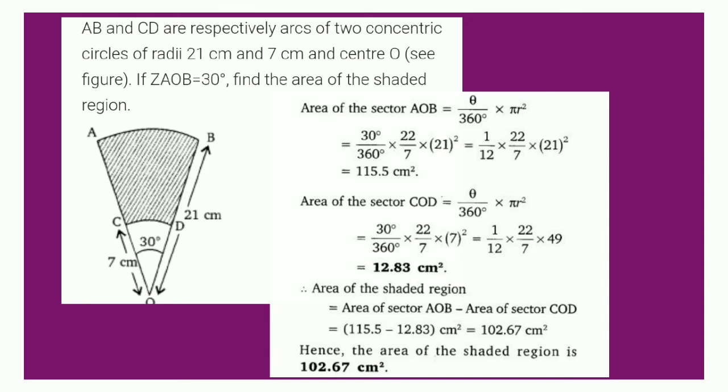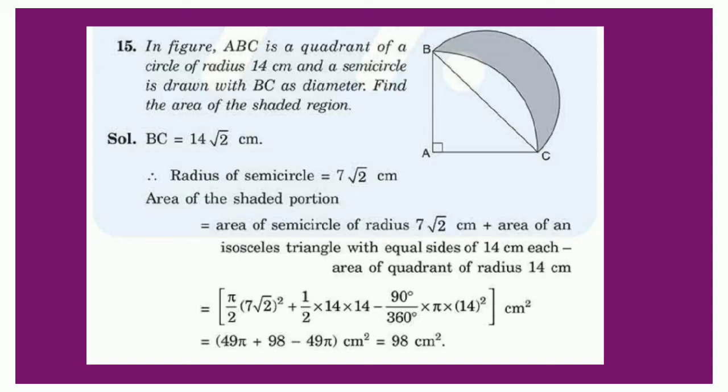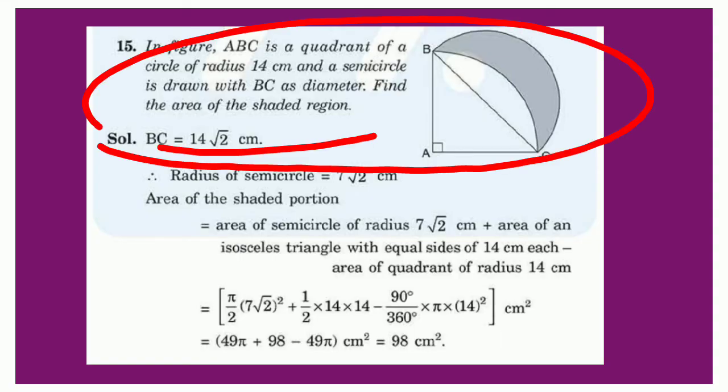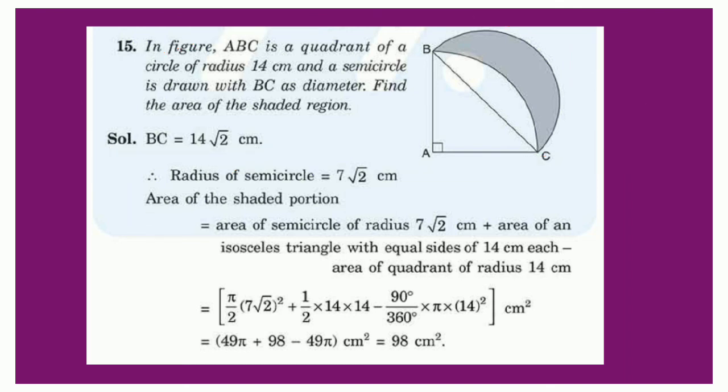That's equal to 115.5 minus 12.83, that's equal to 102.67 centimeter square. Hence, the area of the shaded region is 102.67 centimeter square.